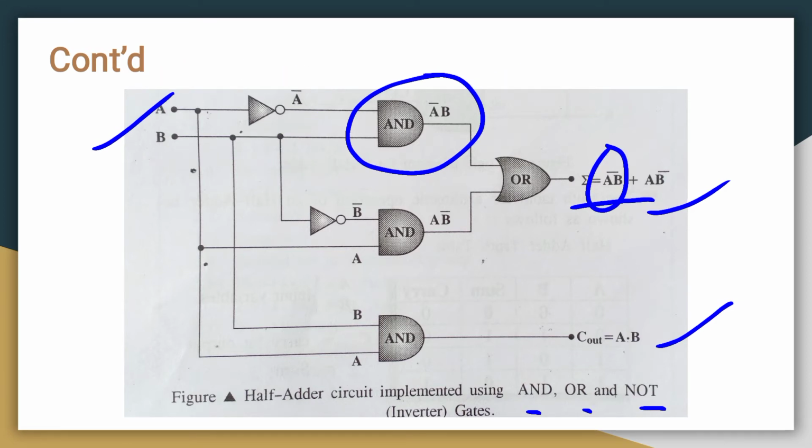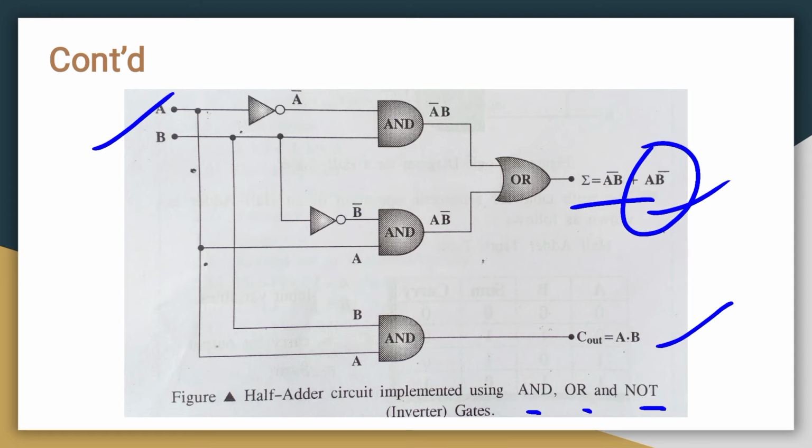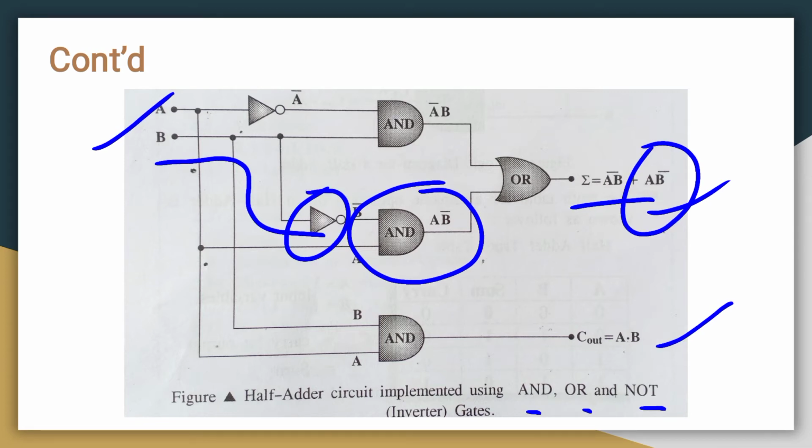Then we require the second one, right? That is A B bar. For A B bar, we require B bar. So from B, we have to get the B bar, so we require a NOT gate. Then A is directly given. So we got the A B bar.